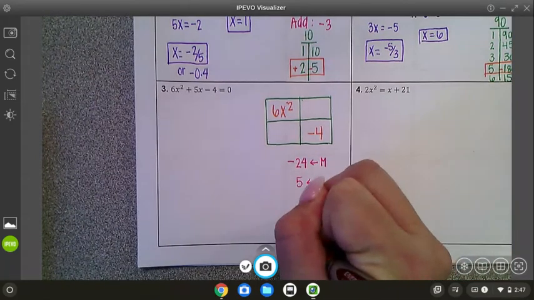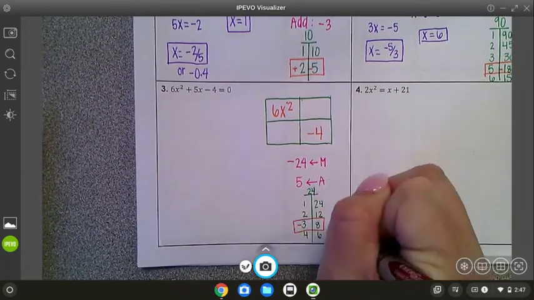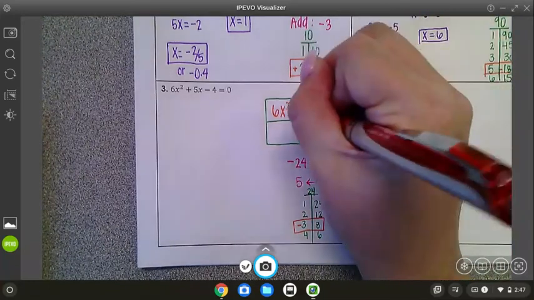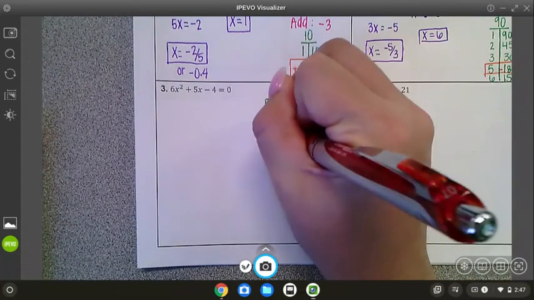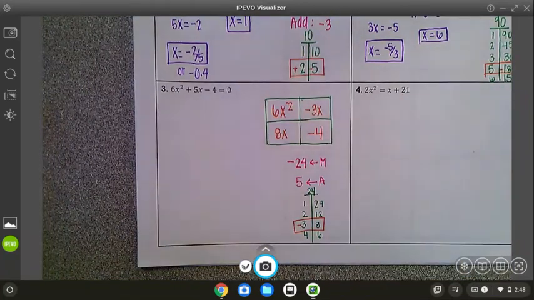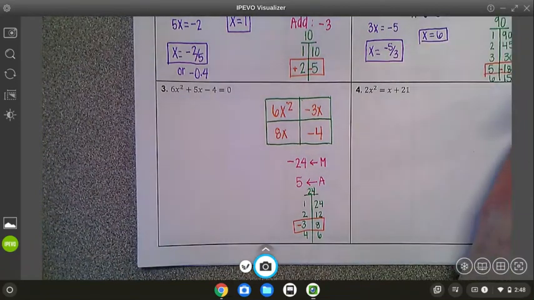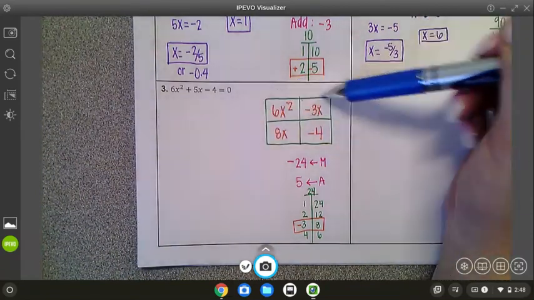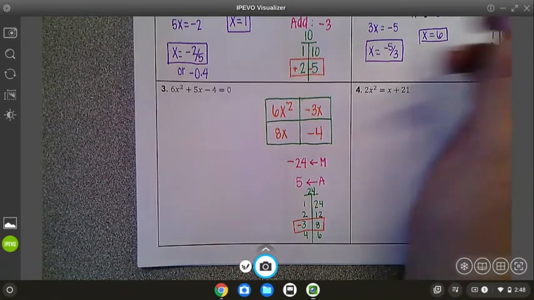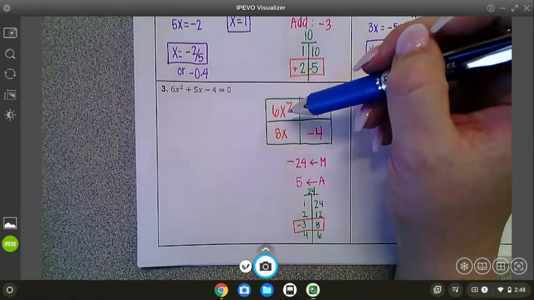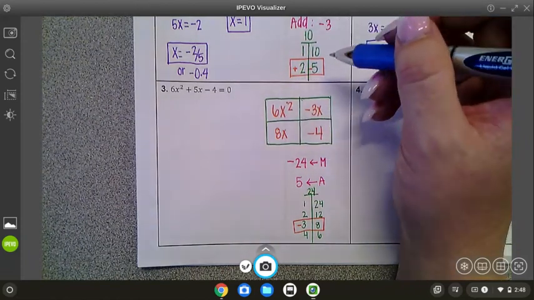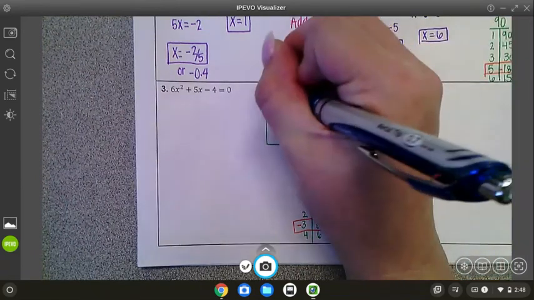If I make this 3 negative and I do negative 3 plus 8, I'm going to get 5. So it's negative 3x, 8x. And then we're going to do the GCFs. What can I divide both 6 and 8 by? 2.